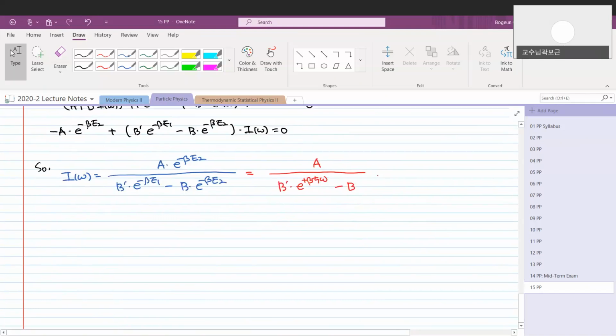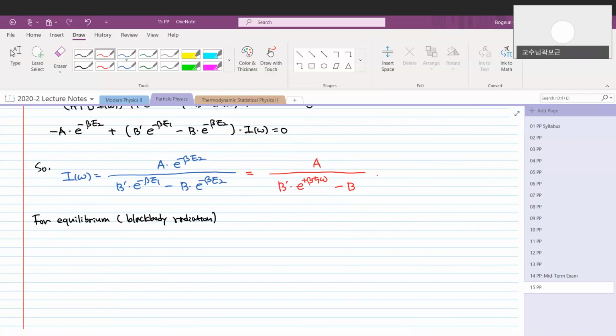But we already know that for equilibrium, the black body relation is I omega equals h bar over pi squared c cubed, omega cubed over exponential h bar beta omega minus 1.